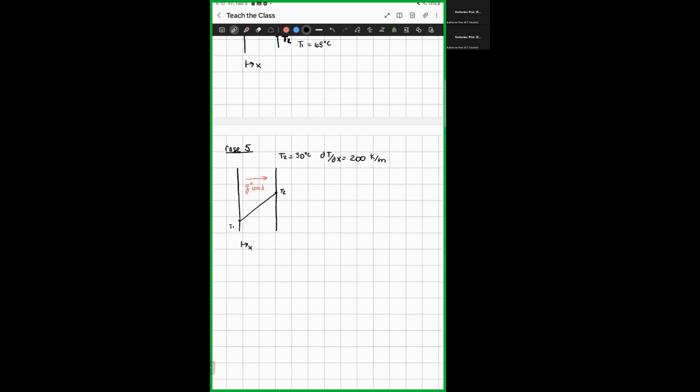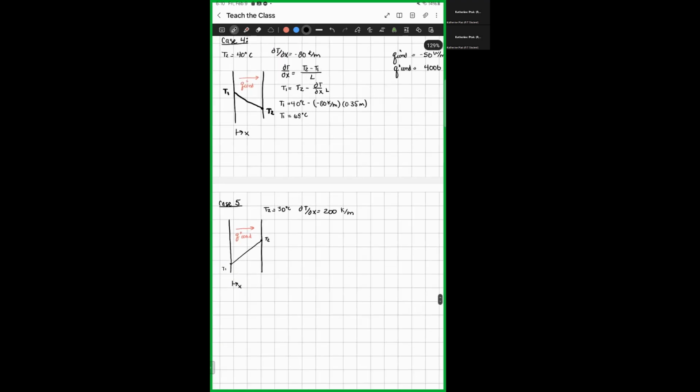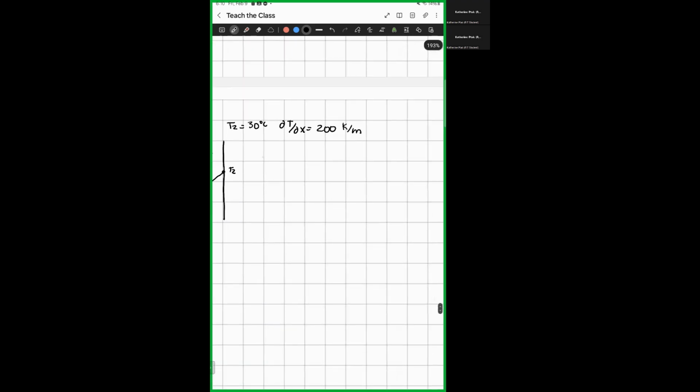So if we go through the math, we'll start with solving. We'll use this same T1 equals T2 minus dT/dx times L. So we'll get T1 equals that 30 degrees Celsius minus 200 Kelvin per meter times 0.35 meters. And T1 will equal negative 40 degrees Celsius.